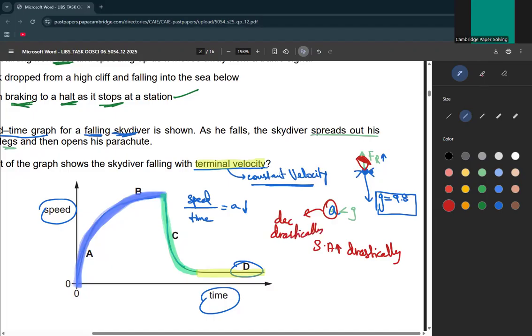Here you can see in the green segment that the acceleration is decreasing.